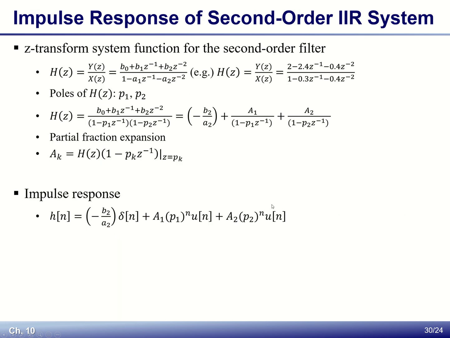So the impulse response is the inverse Z transform of the system function. To get the inverse function, we should consider whether the fraction is improper or proper.